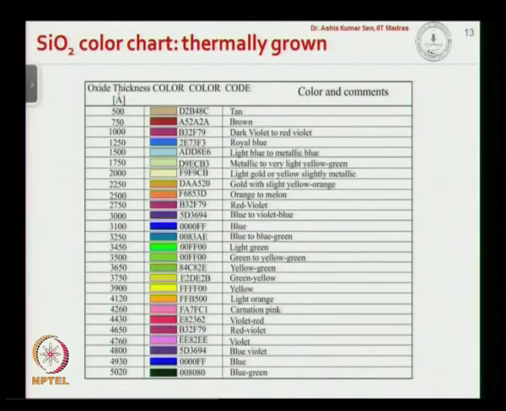Now here you see a color chart. Here you have the oxide thickness in angstrom, and here you have different colors that are shown, and for each color there is a color code associated, and here you have a description of what color you see.